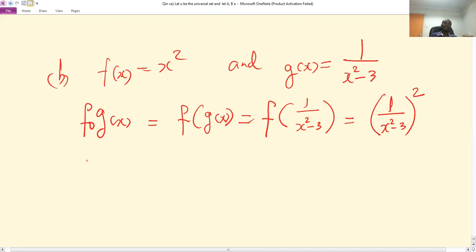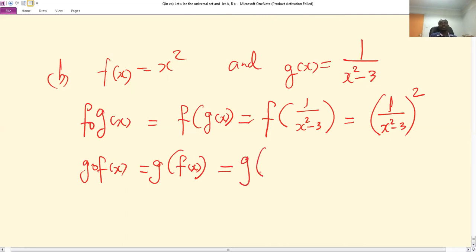And then g composed with f of x means g is the function, f of x becomes the input. So g of x squared, I give g an input called x squared, it will take 1 over that input squared minus 3.